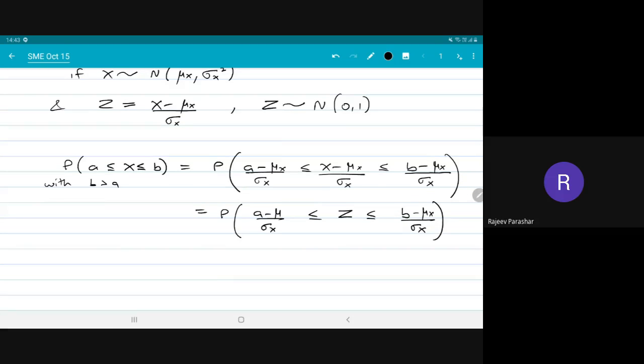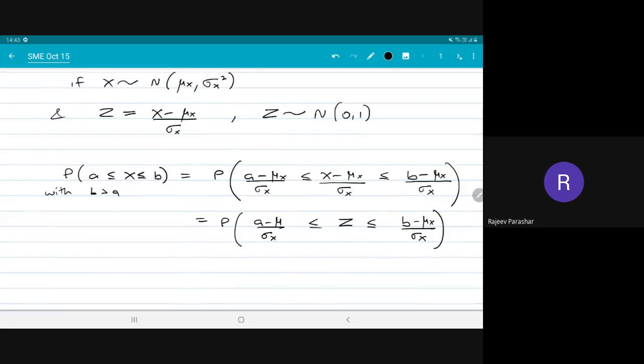Now, if we have the parameters of our original random variable x available, that is mu and sigma of x, and if we have these values a and b, this will be a numerical value and this will be a numerical value.